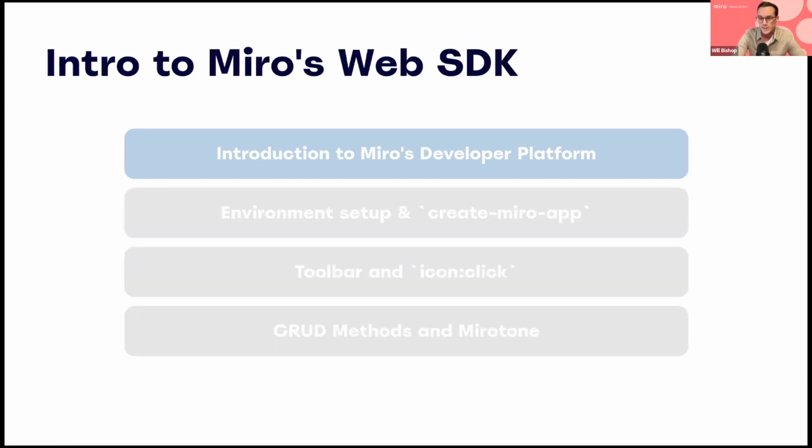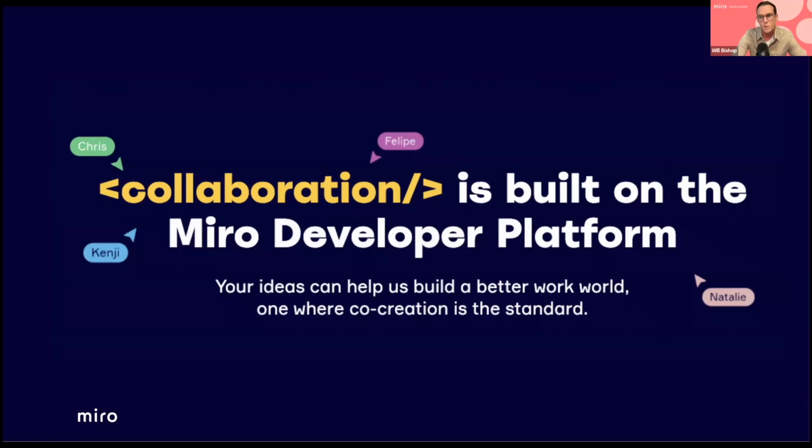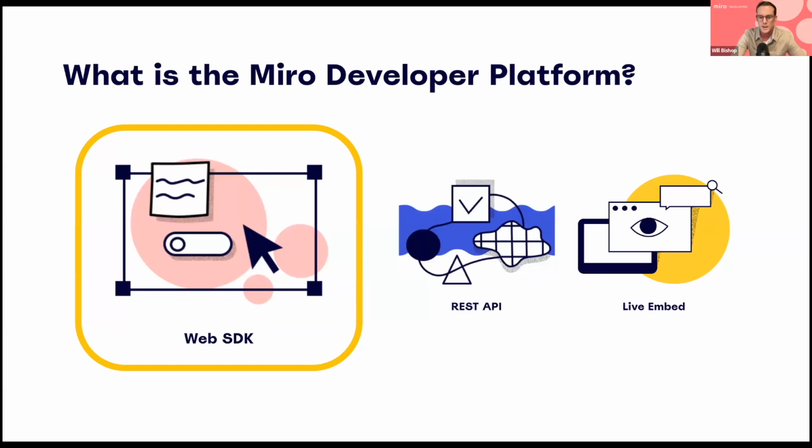So to ground today's session, I want to take a moment to introduce Miro's developer platform, which refers to the combined power of our web SDK, our REST APIs, and our live embed. Today, we're going to be focused exclusively on Miro's web SDK, which is our primary front-end capability that allows you to create an app that runs directly on a Miro board.